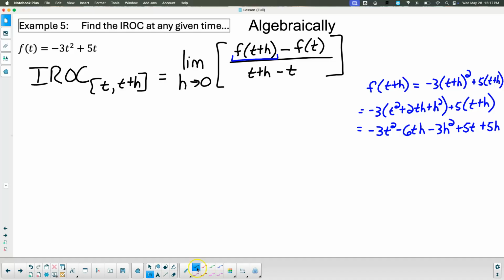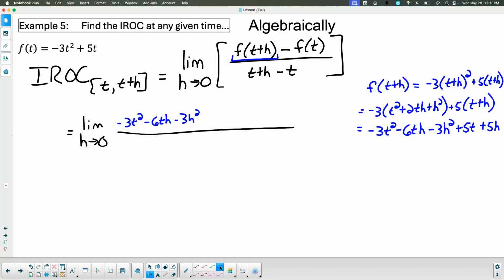So this is going to be the limit, still as h goes to 0, of negative 3t squared minus 6th minus 3h squared plus 5t plus 5h. Then we've got to do this minus f of t there.